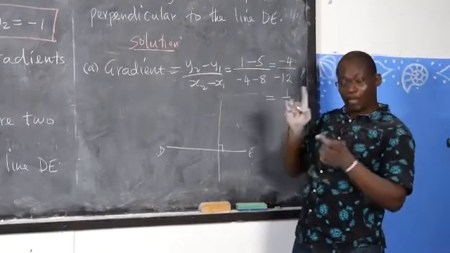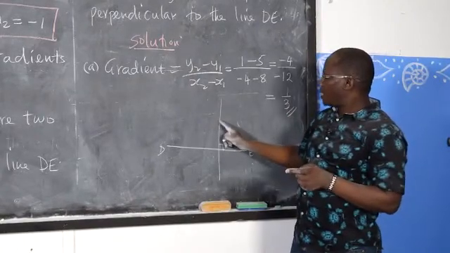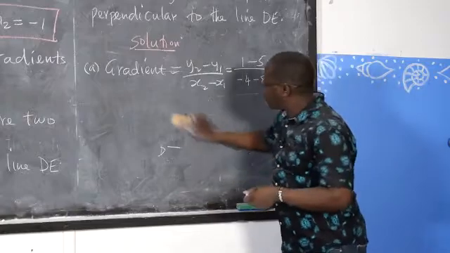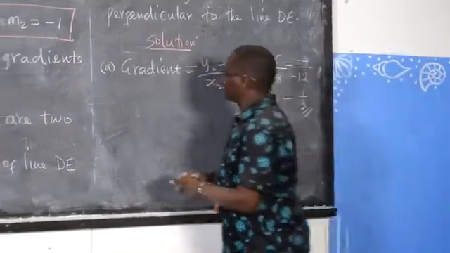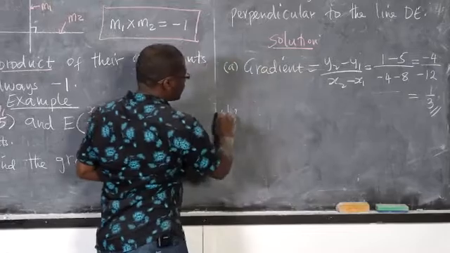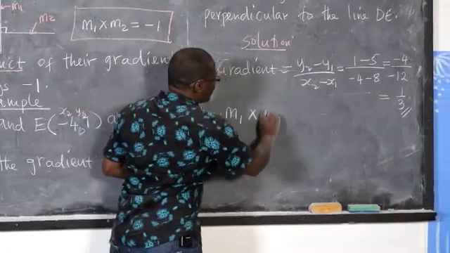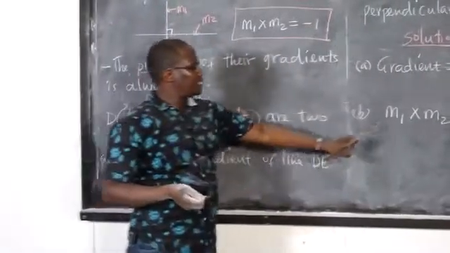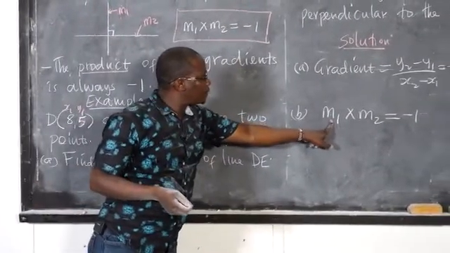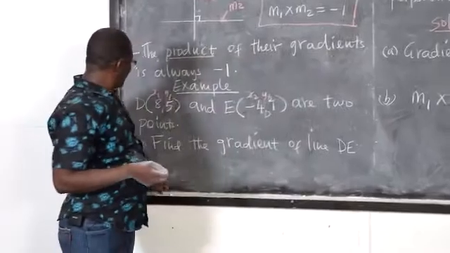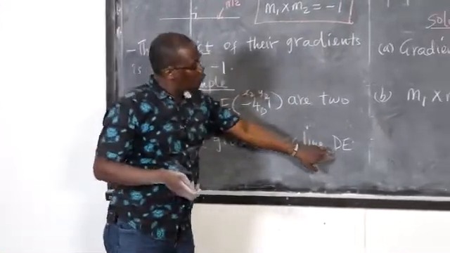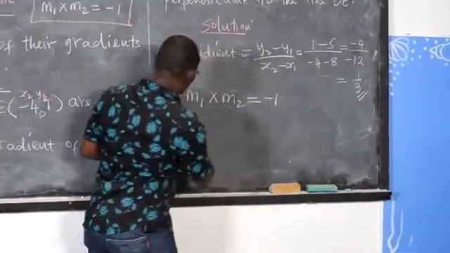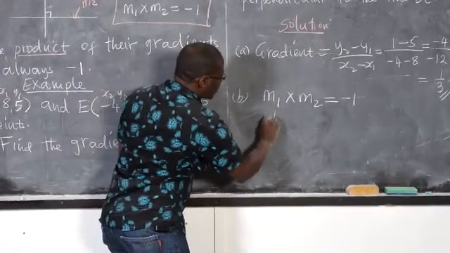Here it is upon you to remember that the product of the gradients should always be -1, so you need to write that down first. For part B, write that M1 times M2 equals -1. In this case, M1 represents the gradient of the line DE, which you already have as 1 over 3. So where there's M1, you'll put 1 over 3.